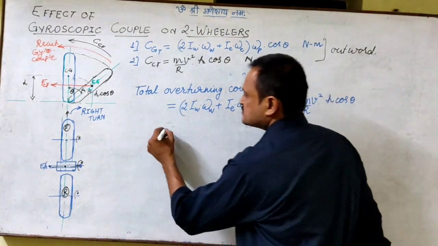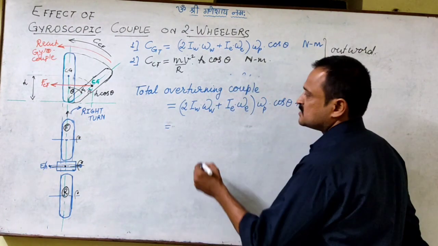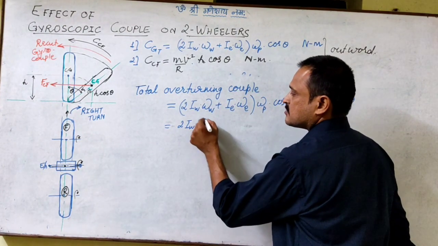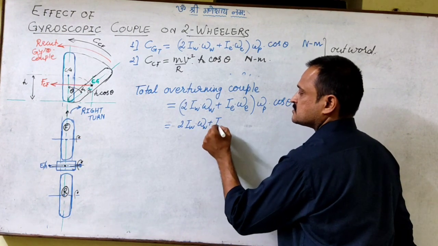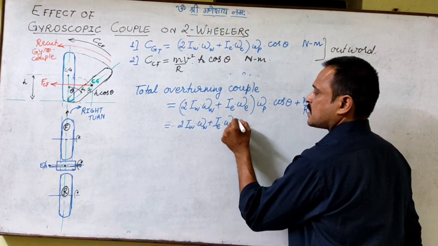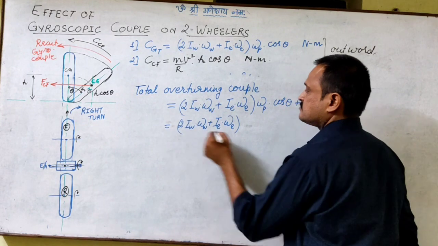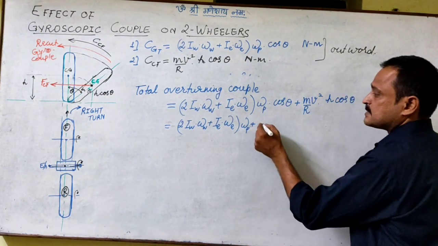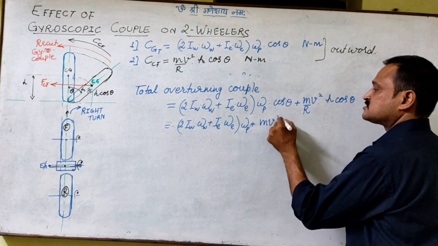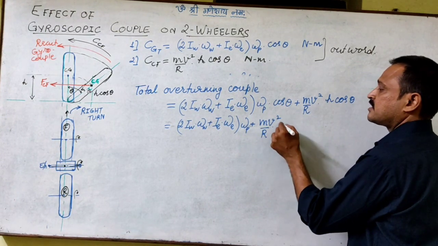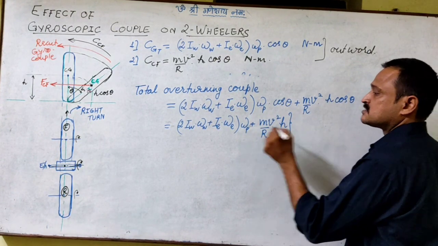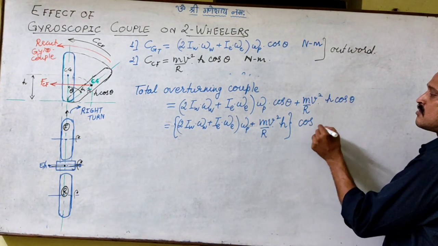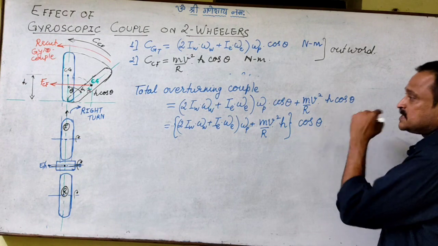So if I simplify this, it will be twice I omega plus I omega, into omega p, plus mv square by r h, into cos theta.